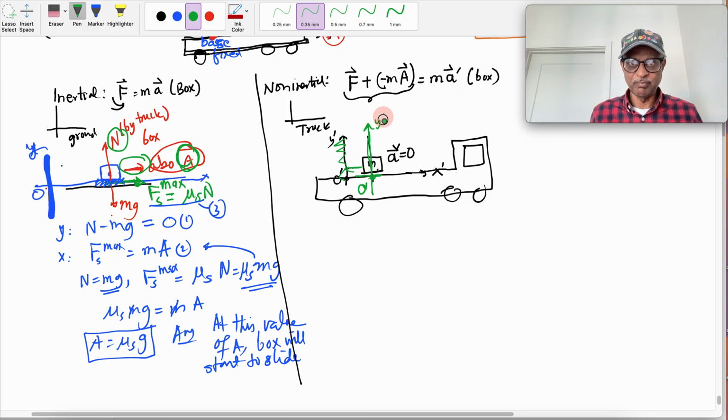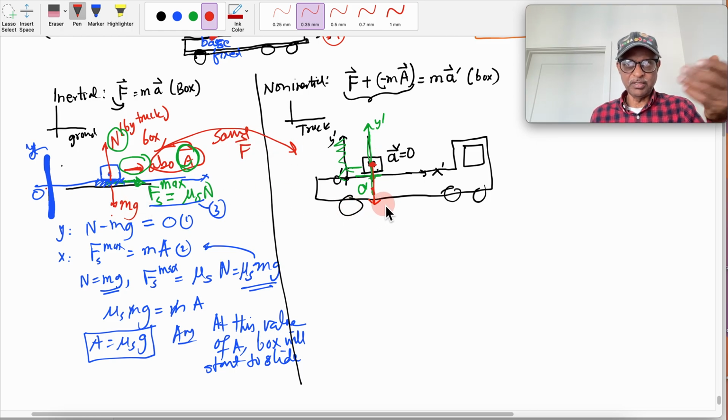So this is Y prime. Let's look at the forces. It's the same forces over there. The force is the same, same F. I already did the work over there. So I will have N and Fs max.